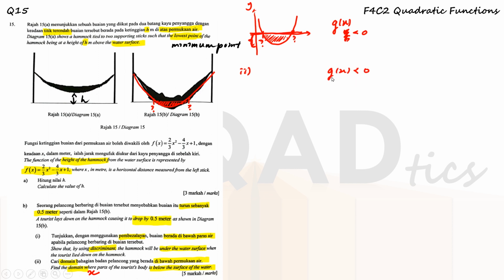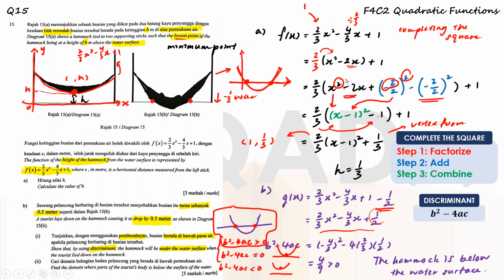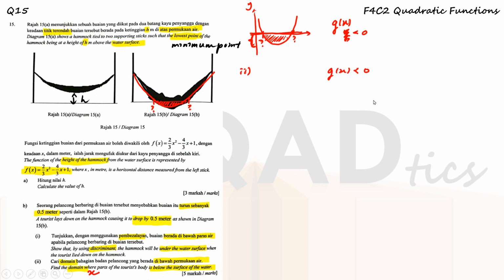Okay, so the g(x) would be the equation that we got here, this one. Okay, so I'll just put it here. And now we just need to solve this quadratic inequality. So we just multiply 6 here, and then we will use calculator to factorize it out. Okay, so you'll get 2x minus 3 and 2x minus 1.